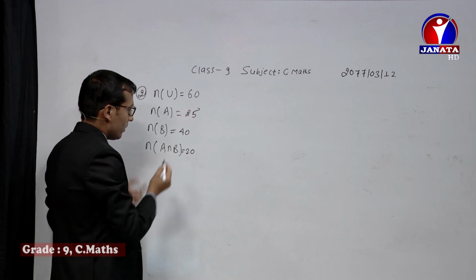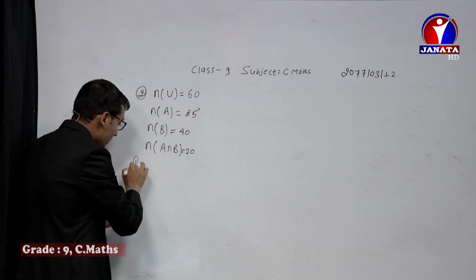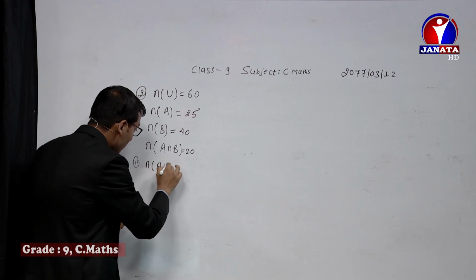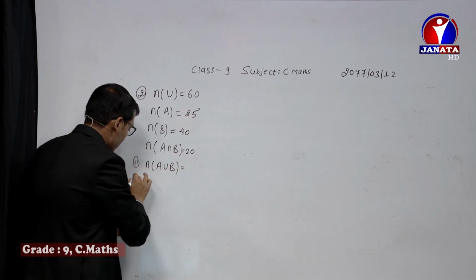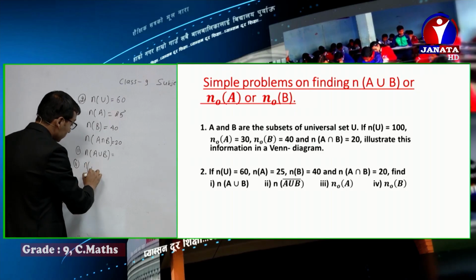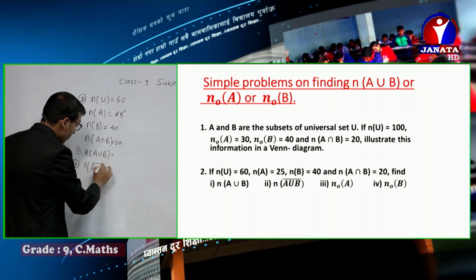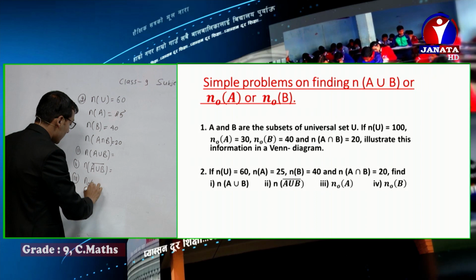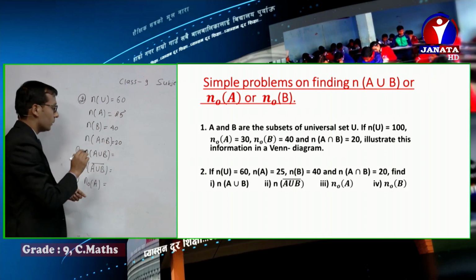And here are different sub-questions. Let me write the first question: what is n of A union B? Second question, what is n of A union B complement? Third, what is n only A? And so on.